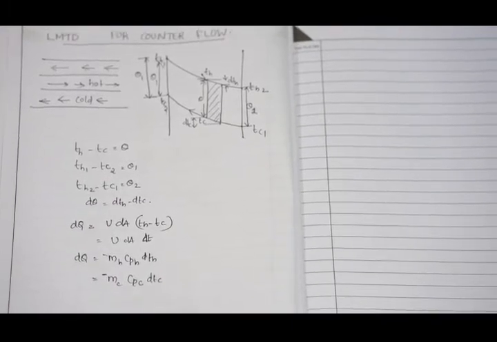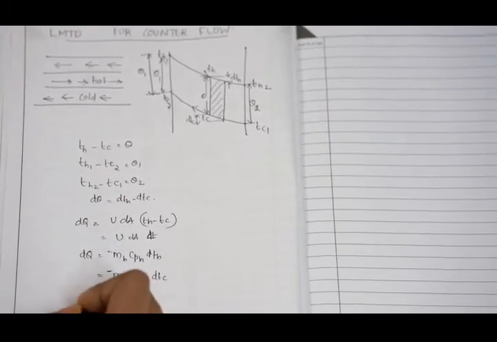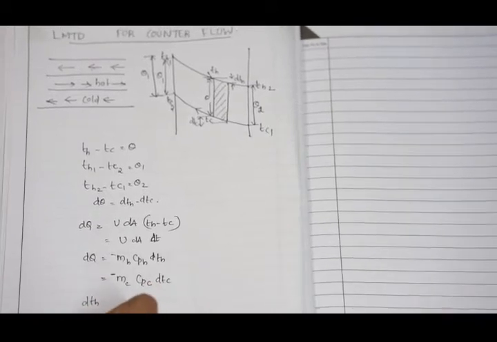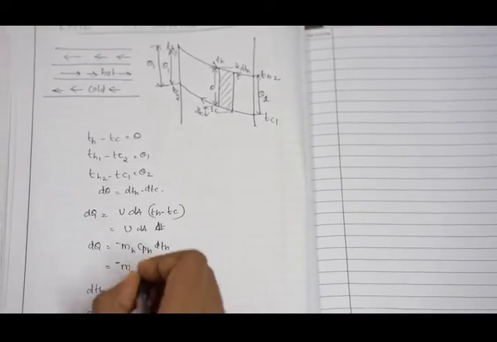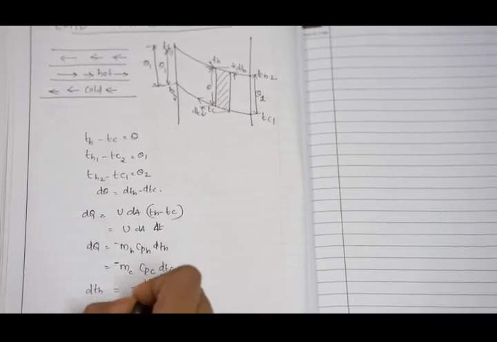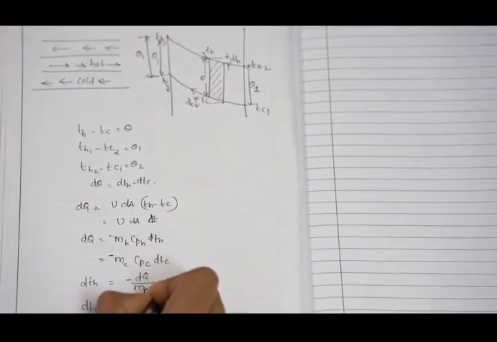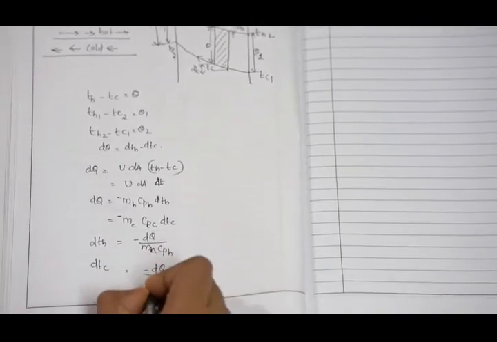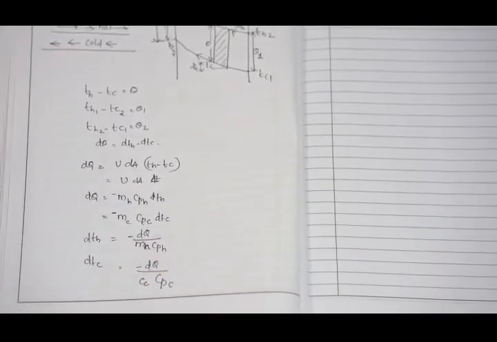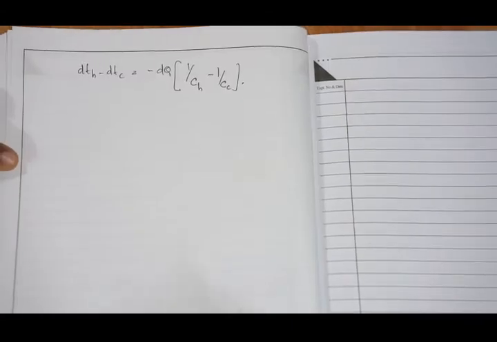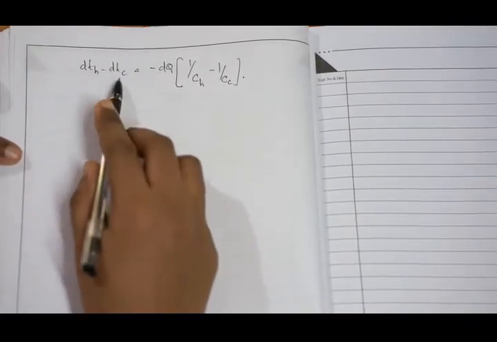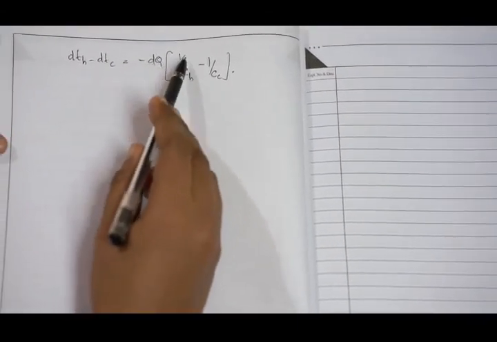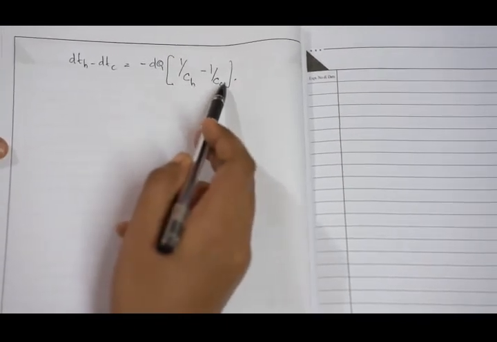Then we are going to write the equations for dTH and dTC. dTH is equal to minus dQ divided by mH CpH, and dTC is equal to minus dQ divided by mC CpC. From the above equations, dTH minus dTC is equal to minus dQ into 1 by CH minus 1 by CC.